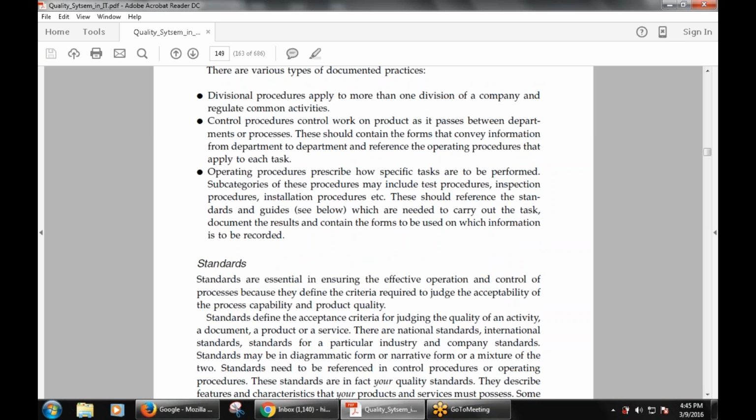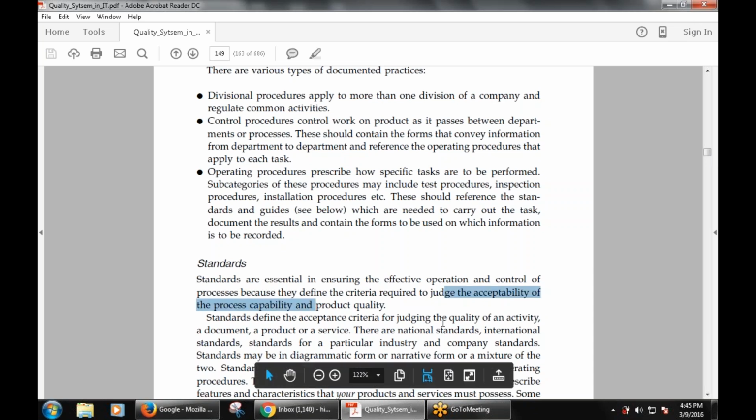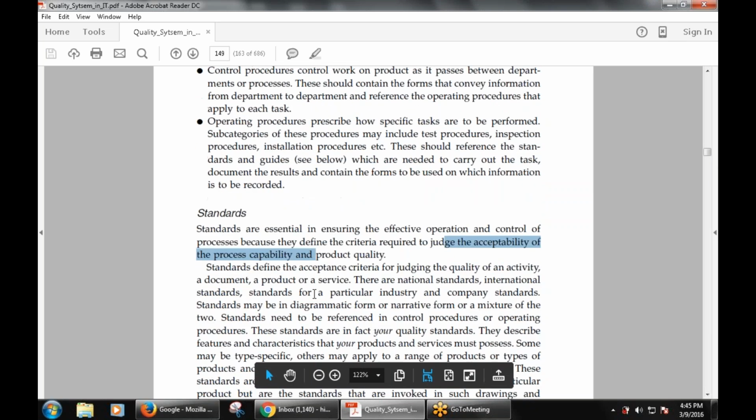Standards are used to check whether effective operation is carried out, and to control the processes, because they define the criteria required to judge the acceptability of the process capability and the product quality. That is a standard.